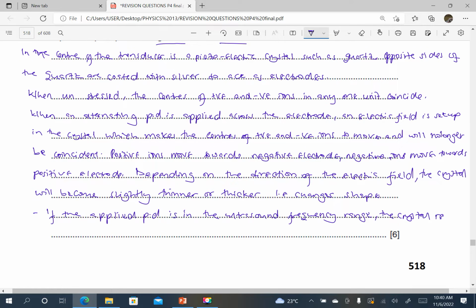Let's just say the crystal resonates. In other words, it vibrates with the maximum amplitude. That's what I mean by resonates.